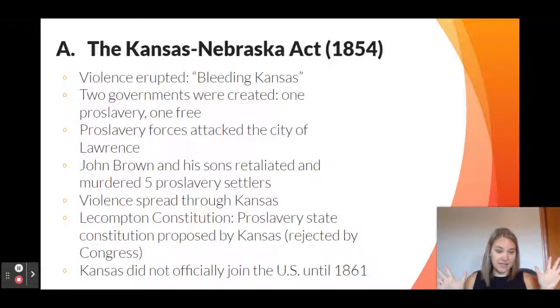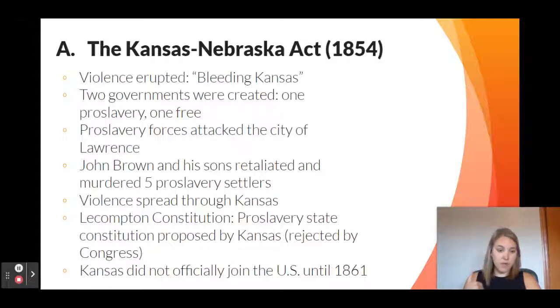So this leads to massive violence, like I mentioned, Bleeding Kansas. One government is created as a pro-slavery one, one is a free government, and we see settlers on both sides attacking each other. Most famously is going to be John Brown. John Brown and his sons are going to murder 5 pro-slavery settlers.